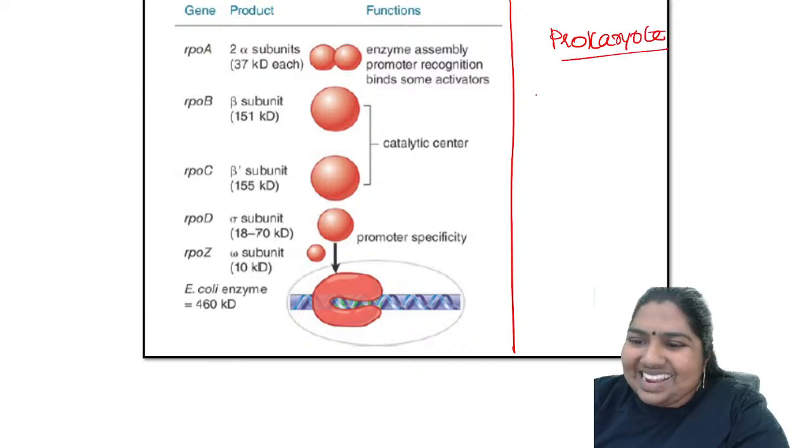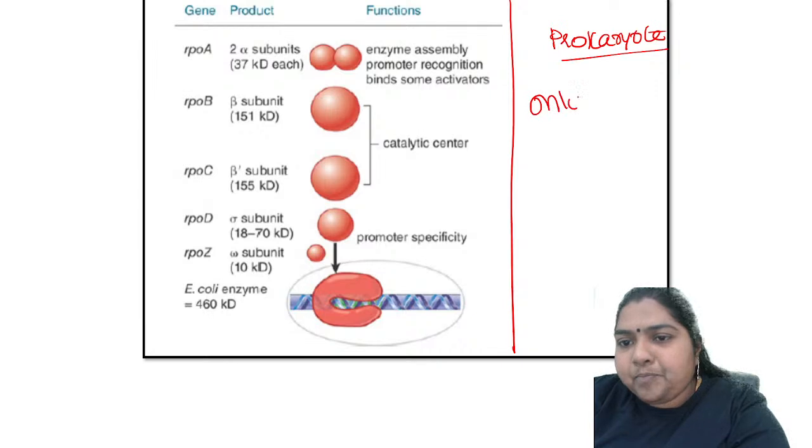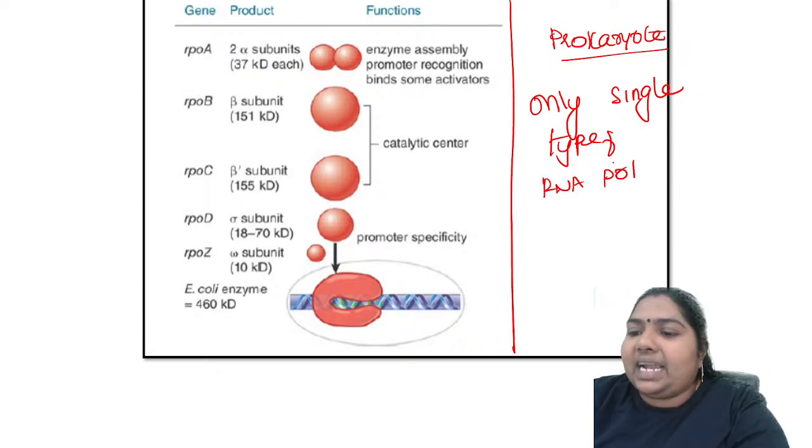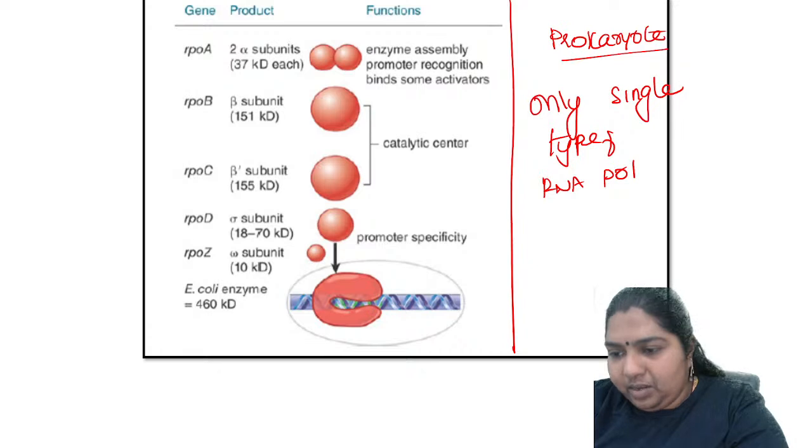So in prokaryote there is only a single type of RNA polymerase. You don't have a type 1, type 2, type 3 here. In prokaryote there is one and only one type of RNA polymerase.